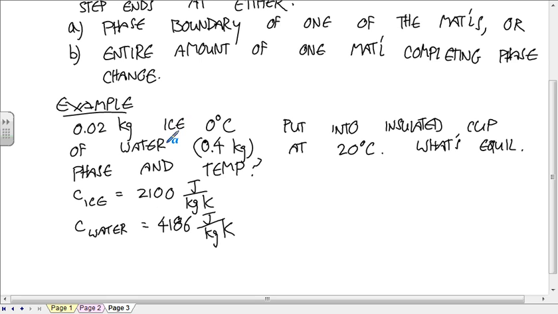What's the first? So first, which way is energy going to go? Is energy going to go from the ice to the liquid or from liquid to the ice? It's always going to go from the high temperature to the low temperature, so it's going to go to the ice. And the energy being added to the ice, what's it going to do? It's going to change the phase.